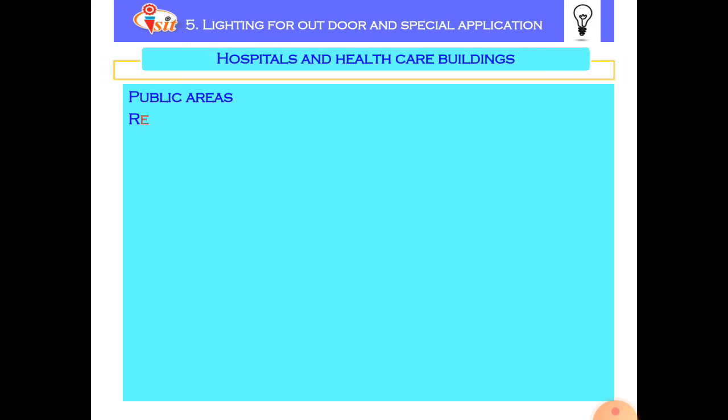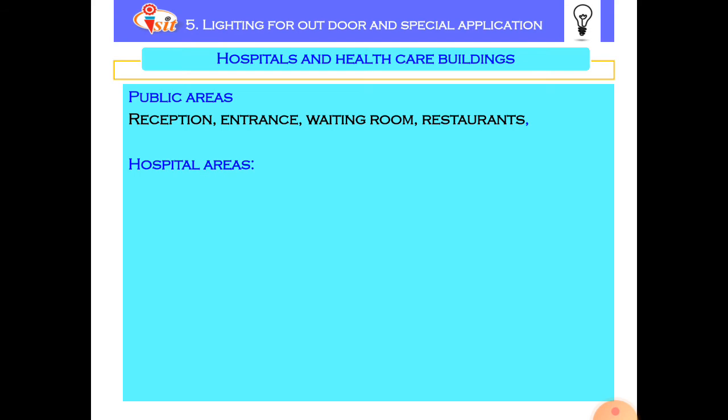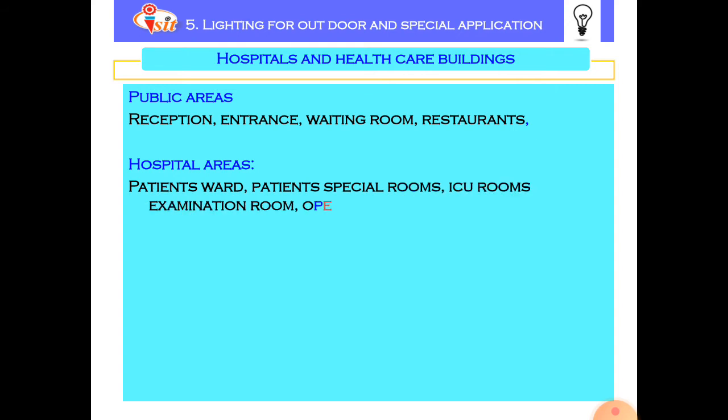The public areas consist of a reception counter, entrance in the hospital, waiting room, restaurant, etc. The hospital area consists of patient ward, patient special rooms, ICU rooms, examination room, operation theatre, medicine stores, and distribution of medicine.